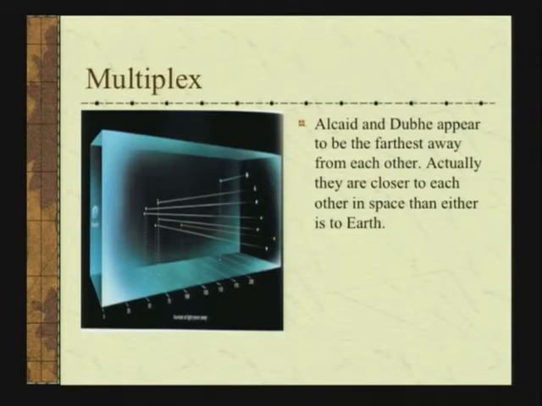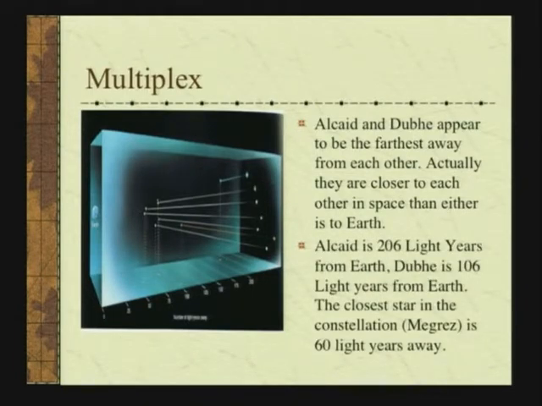So, Al-Qaeda and W appear to be the farthest away, but actually they're closer than each is to Earth. Al-Qaeda is 206 light years, W is 106, and the closest star is 60 light years away.